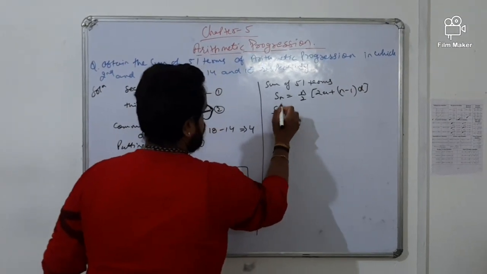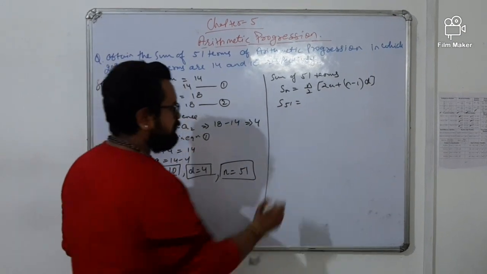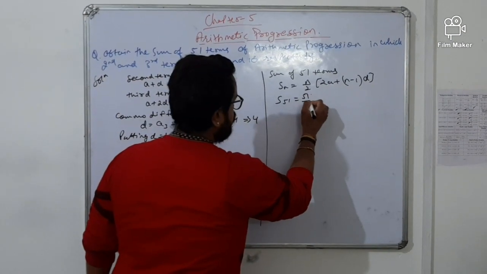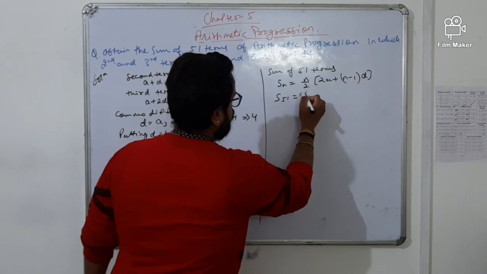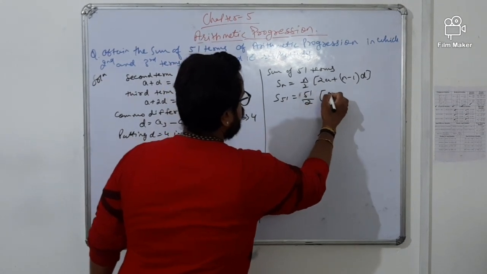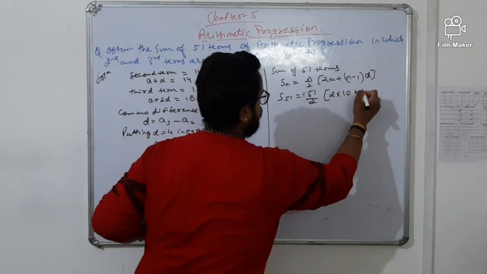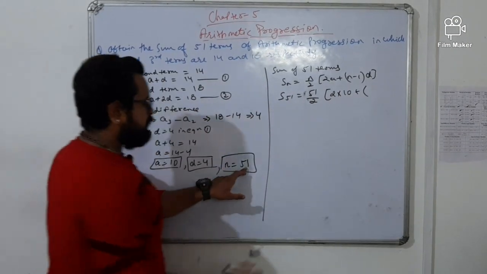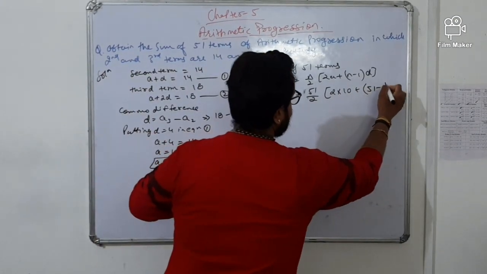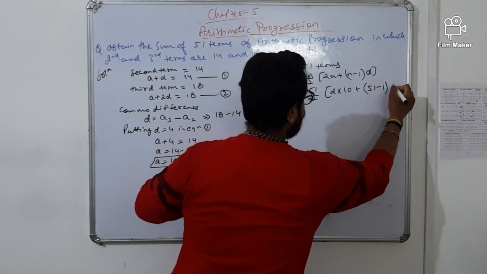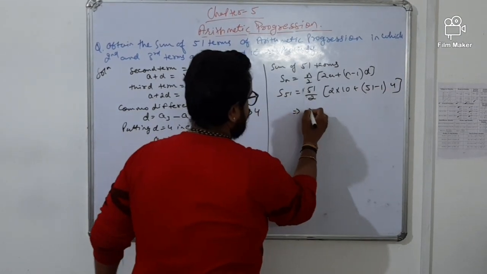Now look here, sum of 51 terms, so S51 = 51/2 [2 × 10, since a is 10, plus (51 - 1) × d], and d means 4. Now solve it.